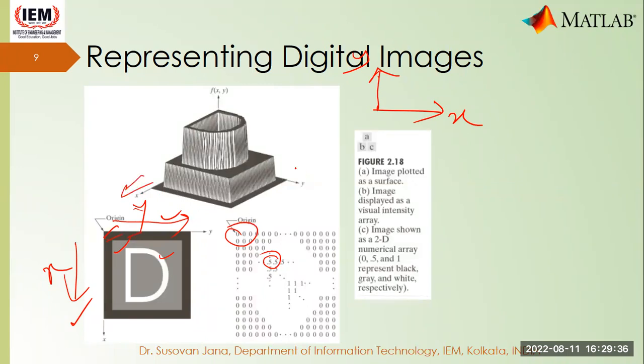This is the x direction, this is again the y direction, and this third direction shows the intensity of that particular pixel, or sometimes we can say amplitude. So the black region pixels are grounded, the mid gray have some value, and for the white you can see the maximum value. Okay.